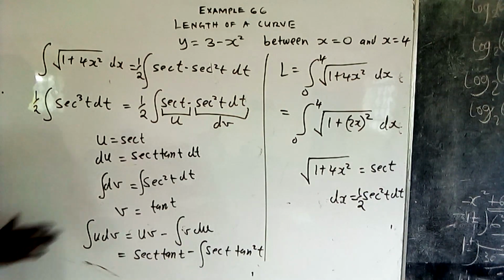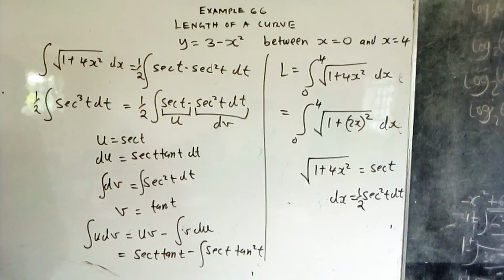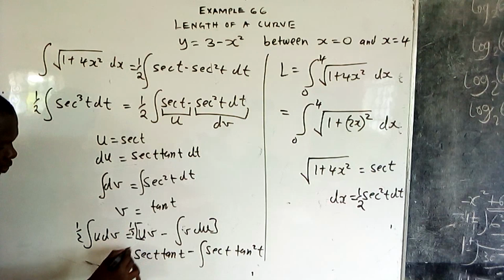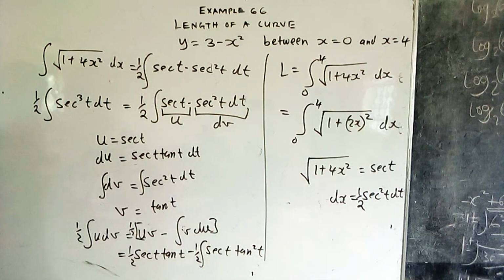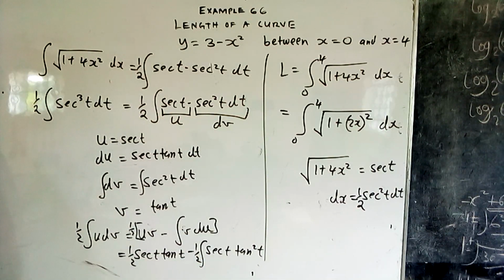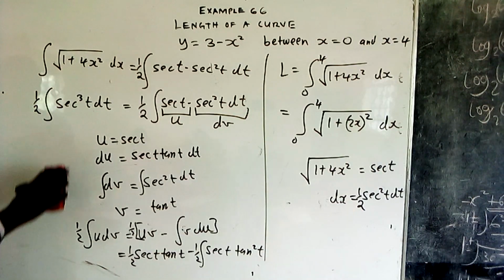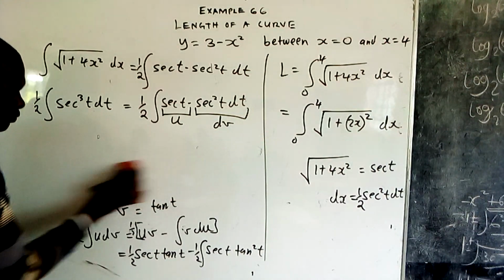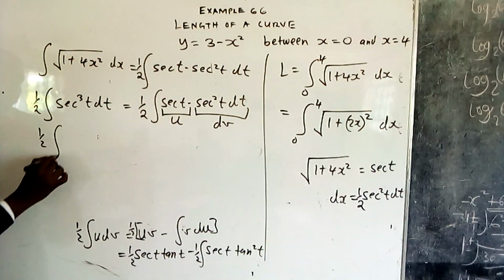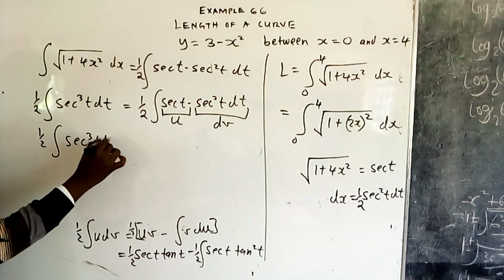So it means the whole of this thing, and remember a half is outside, isn't it? So if you put your half, which was outside, on both sides of the equation, it will be a half of that, a half of that. So a half u dv, the whole of this is now that. Are we together? So after getting the whole of that, substitute it there, you have a half integral of sec cubed t dt.